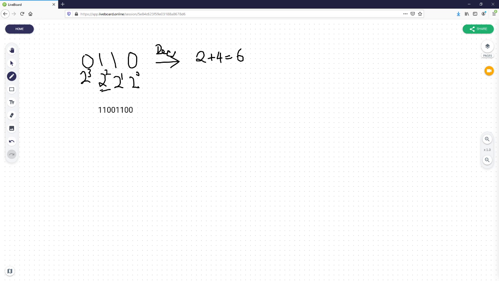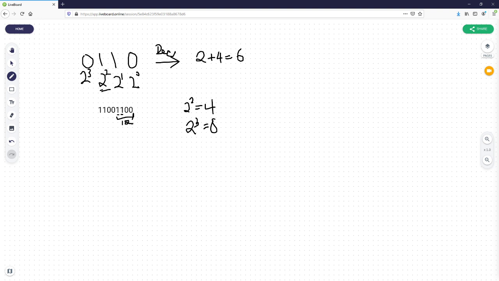This is in the 2 to the 1's place. So in the 2 to the 2's place, we have a 1. So 2 squared is 4. And then here we have the 2 cubed place, so that'll give us an 8. So this bottom little part is going to give us 12.